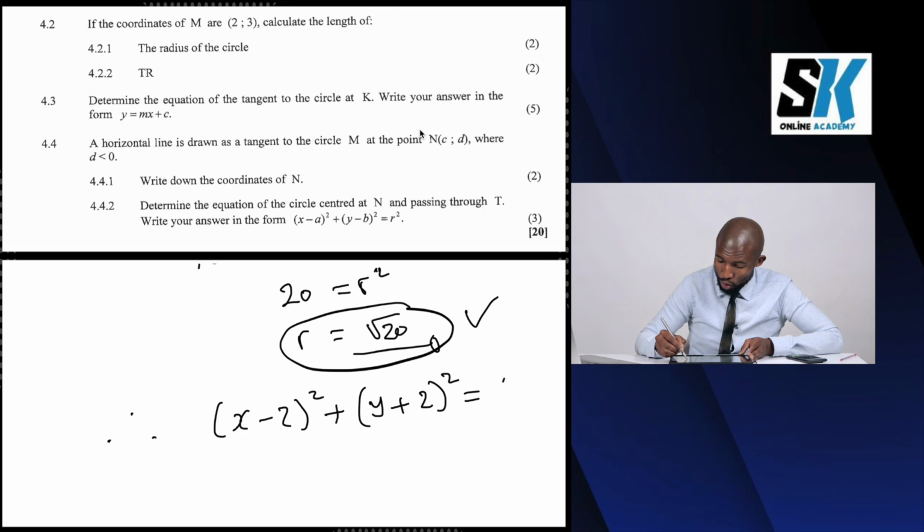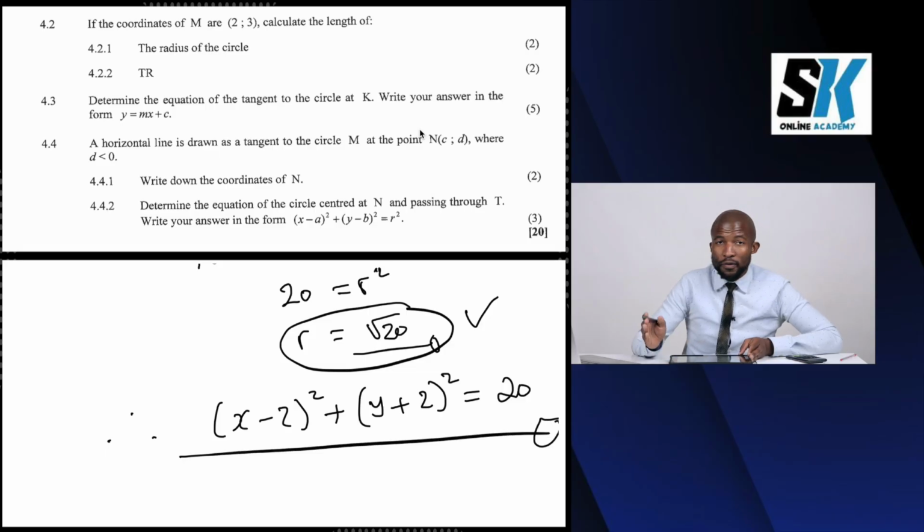When you square a root, you just get that number there. So that would be the new equation of that circle, and that was question 4.2, which is 3 marks.